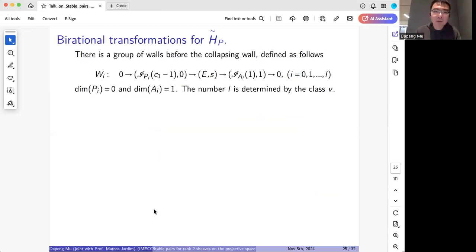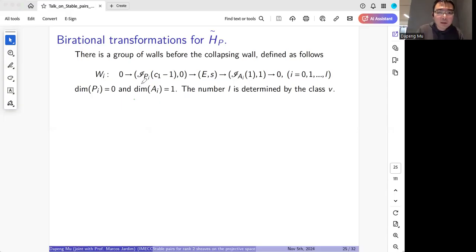Okay, there are still some settings before coming to the main result. Why do we study this component? This is because we mentioned that the largest wall is the collapsing wall, but the second and third largest walls correspond to this component, and this is one of the reasons. So I'm going to introduce a sequence of walls, Wi. You'll see this is a definition.